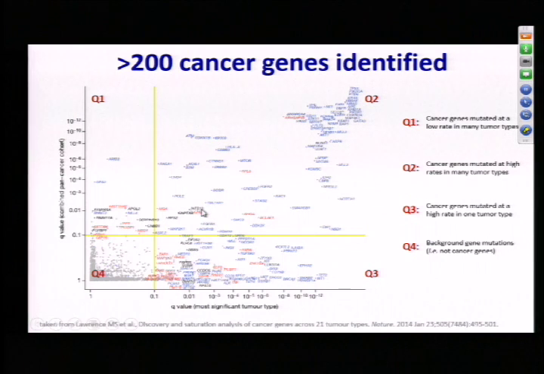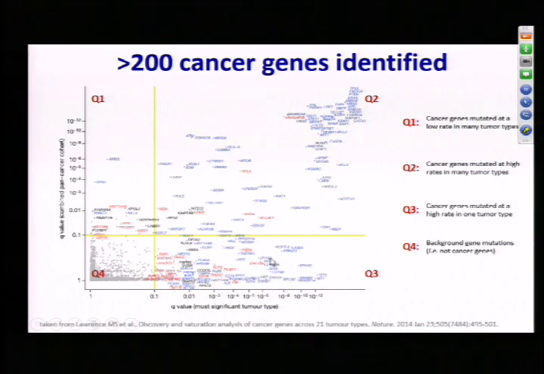Some of them are well known, some of them have just recently been identified. In some cases, we don't even really yet understand the biology of the protein encoded by this gene, so we don't even know what the mutation actually is doing in terms of cell biology or gene expression or what have you. So there's a lot of research to be done here to understand the nature of these mutations specifically.